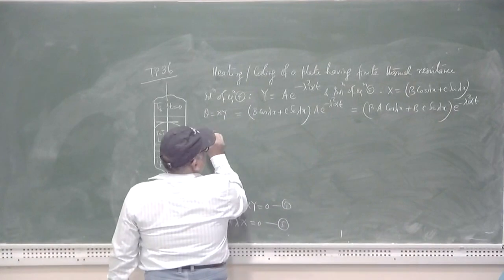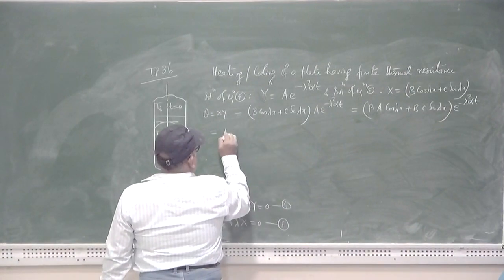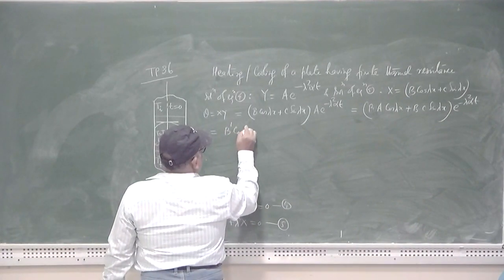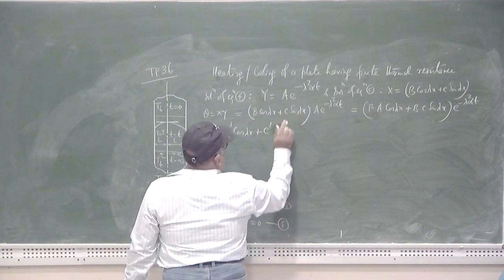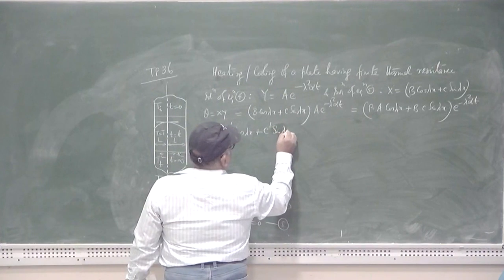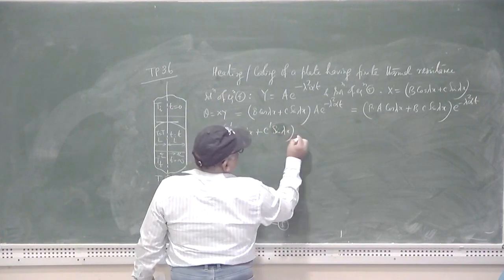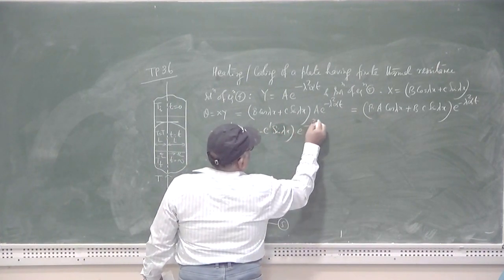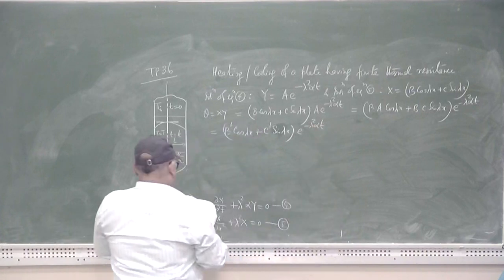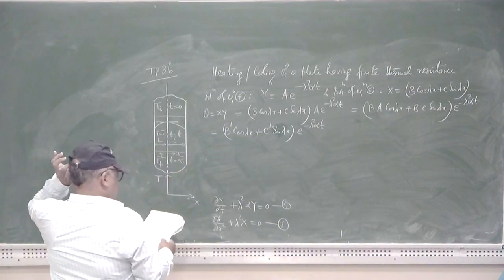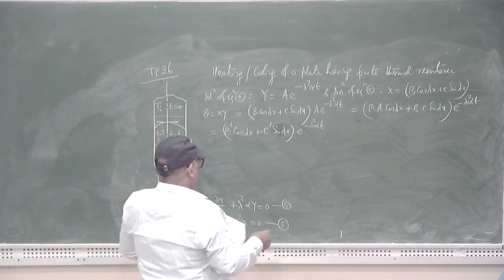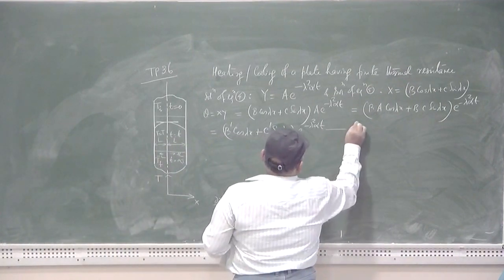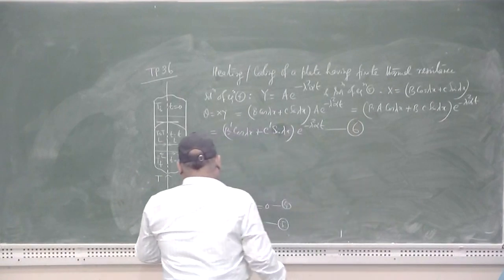That can be further written, letting b a equal to b dash, as b dash cos lambda x plus c dash sin lambda x into e to the power minus lambda square alpha t. So, this is the expression for theta. Let it be equation number 6.